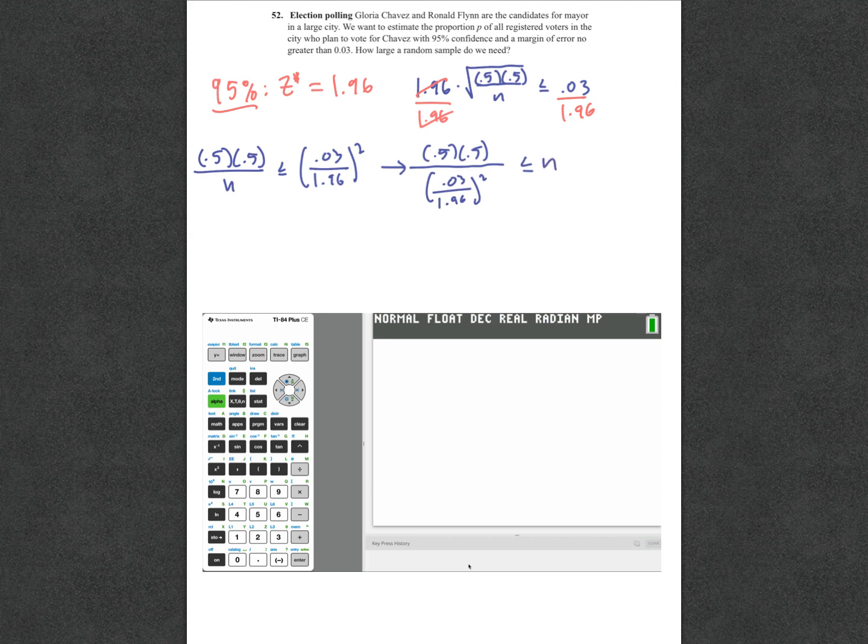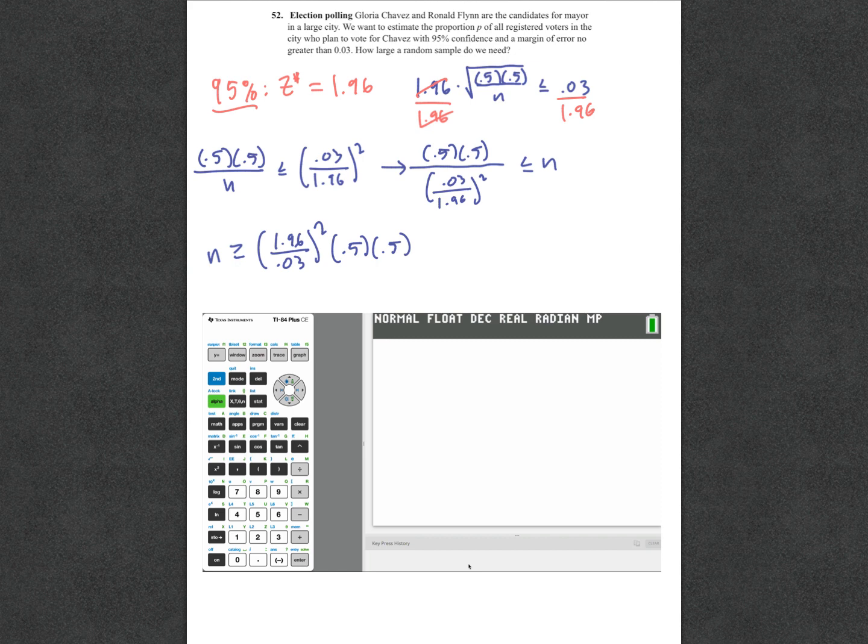Okay, and then last thing, that means n is greater than or equal to this times the reciprocal of this squared. So I'll do the reciprocal first. So that'll be 1.96 over 0.03 squared times 0.5 times 0.5.